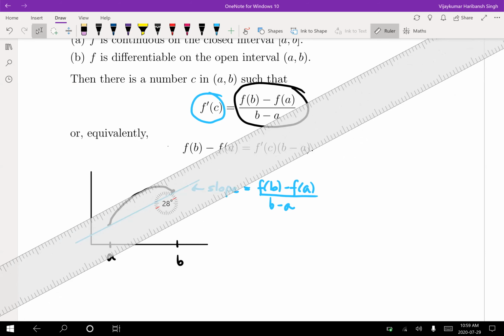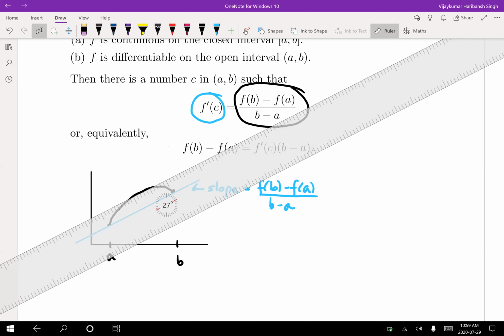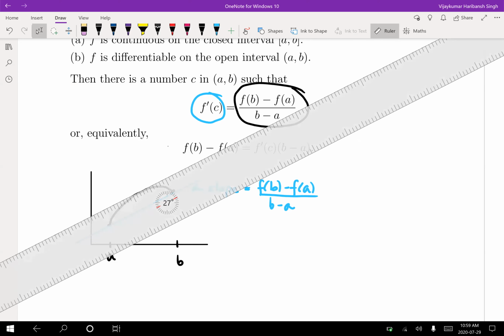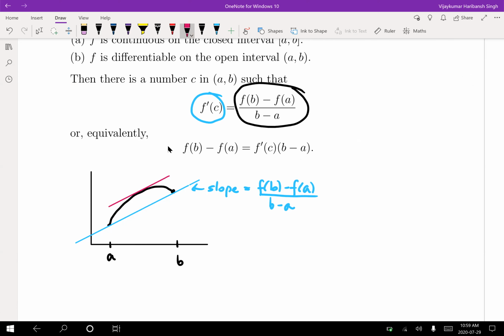Let's go slightly up. At this point, these two lines are parallel, so the slope of this line is f prime of c. So this is what the mean value theorem is.